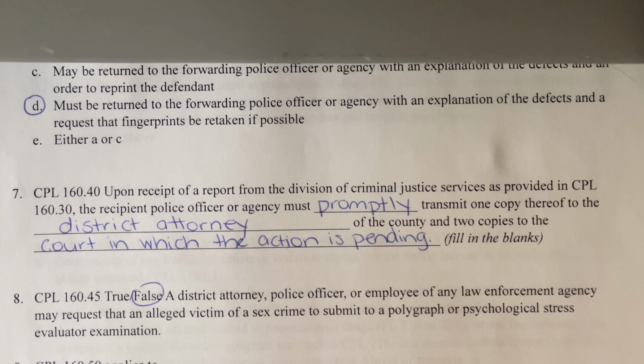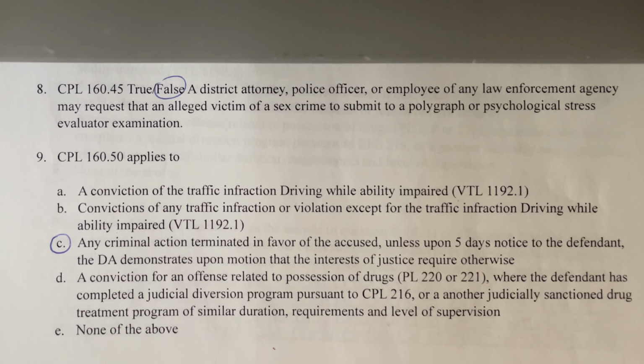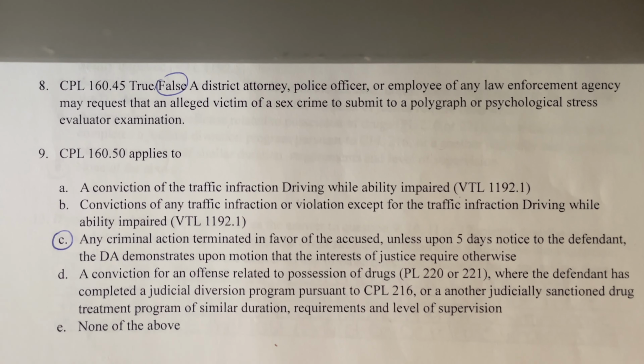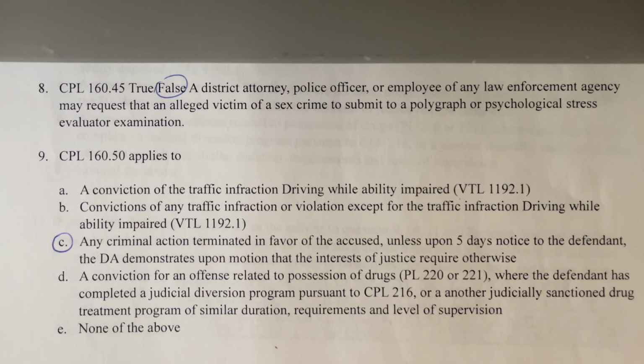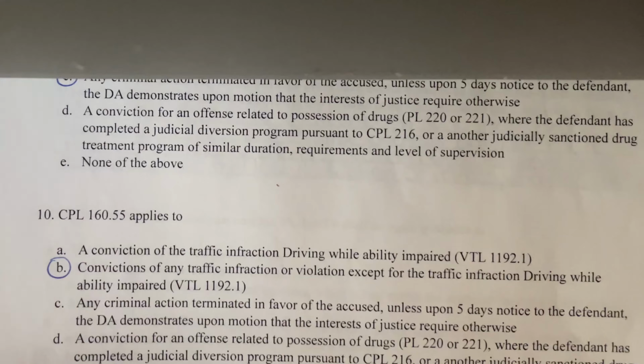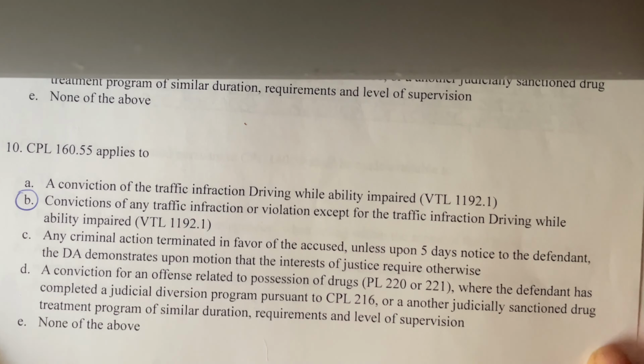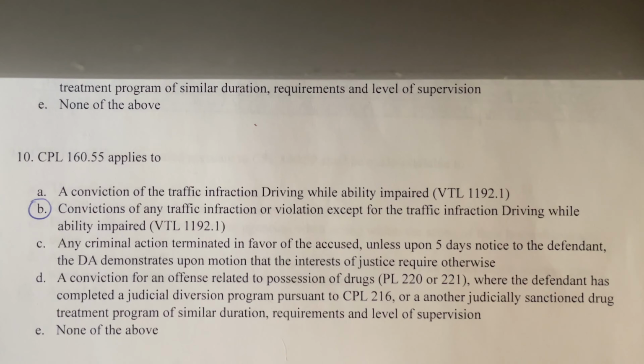9, CPL 160.50 applies to, and the answer was C, any criminal action terminated in favor of the accused unless upon 5 days notice to the defendant, the DA demonstrates upon motion that the interests of justice require otherwise. So the phrase terminated in favor of the accused has a specific meaning in the law, and it's very important that, as a clerk, you understand what that is. 160.55 applies to B. The answer was convictions of any traffic infraction or violation except for the traffic infraction driving while ability impaired, 1192.1.